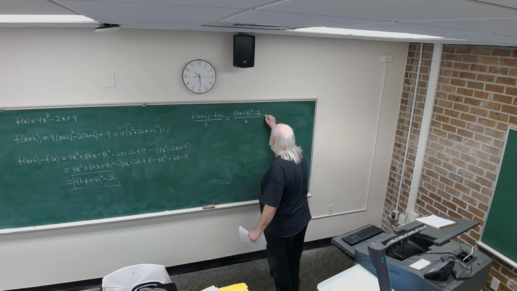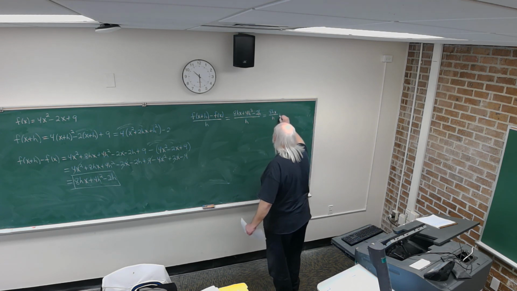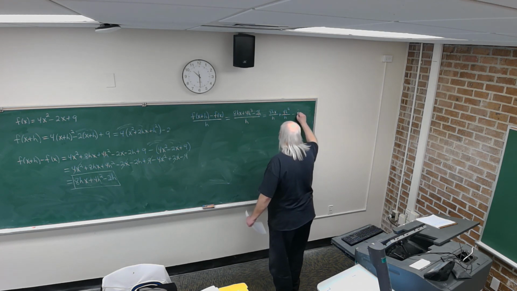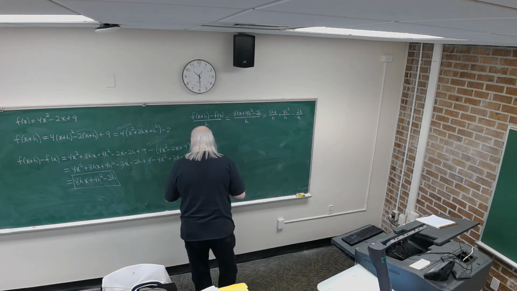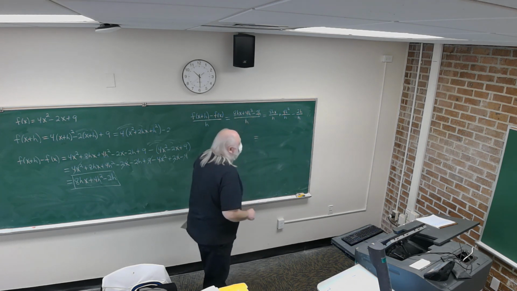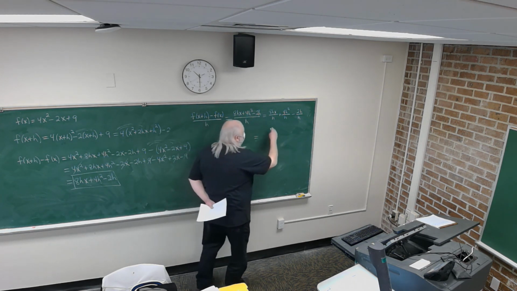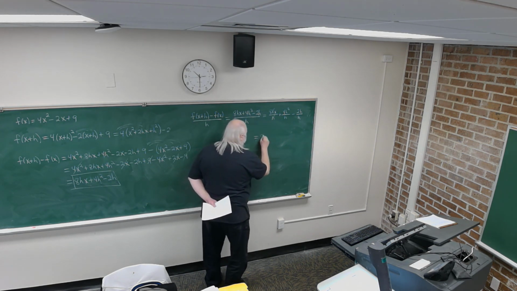So this is equal to 8hx over h plus 4h squared over h minus 2h over h. In the first quotient, you see h is canceled, and we're left with 8x.